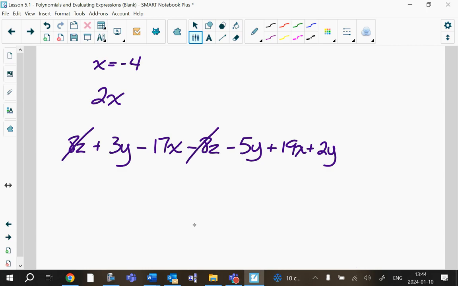I have a positive 3y, a positive 2y, and a -5y. They all cancel each other out. I have a -17x and a positive 19x. That's 2x. So really, the answer to this one is the same as this one, -8.